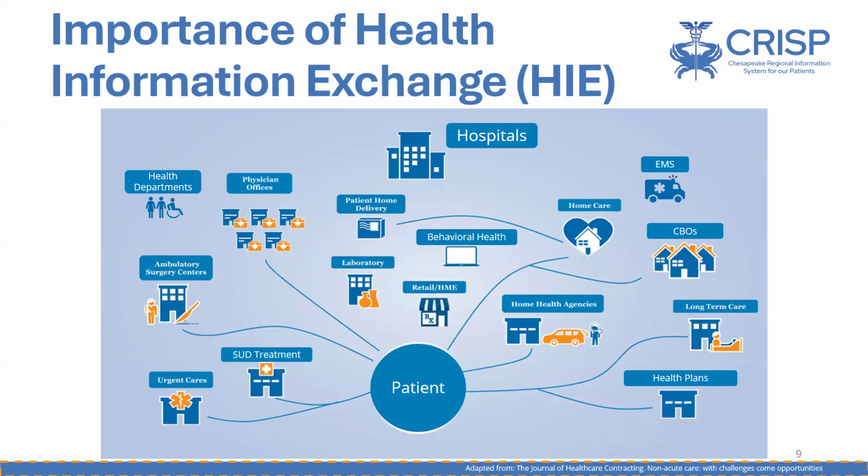And so the value of CRISP is we help collect this data and connect all of these individual places to have a single patient record on file where we can integrate all of these data. Also, integrating all this data helps us to ensure that the critical data follows the patient and it's not stuck with a provider across all of these settings, allowing for faster and safer and more informed care.